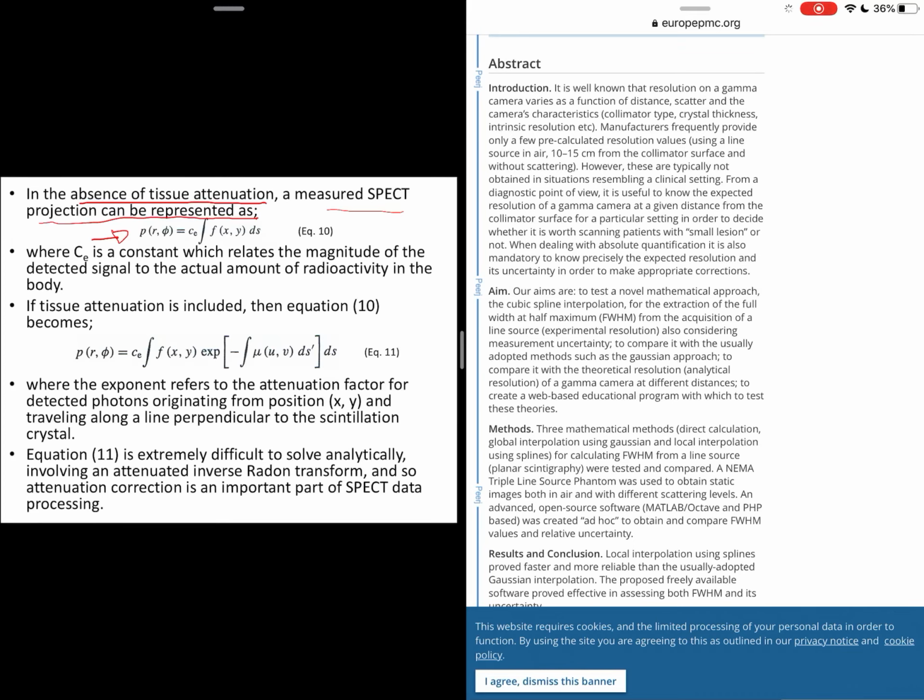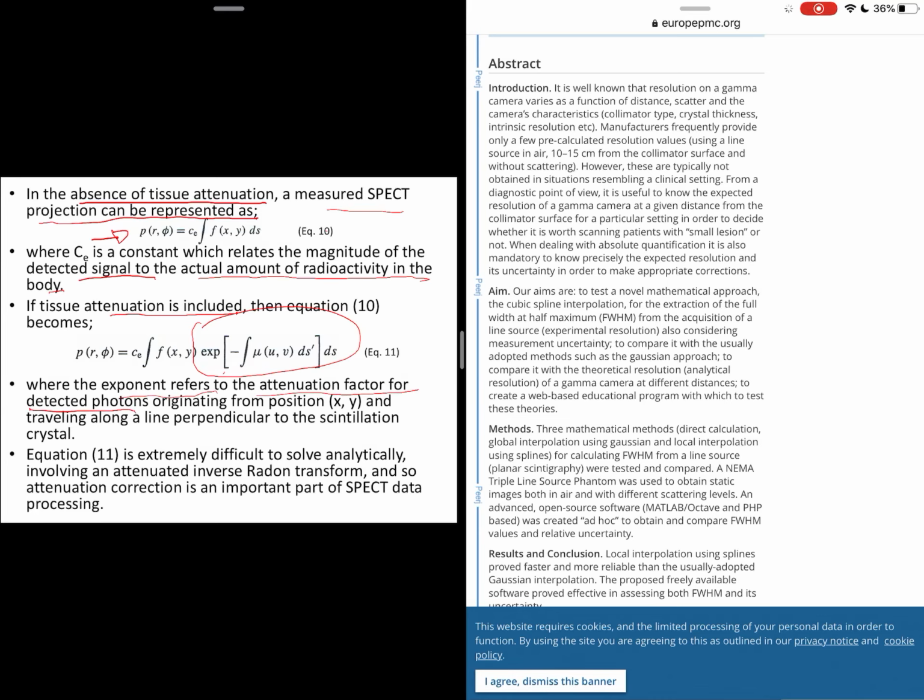In the absence of tissue attenuation, a measured SPECT projection can be represented by this formula, where CE is a constant which relates the magnitude of the detected signal to the actual amount of radioactivity in the body. If the tissue attenuation is included, equation 10 becomes this one.